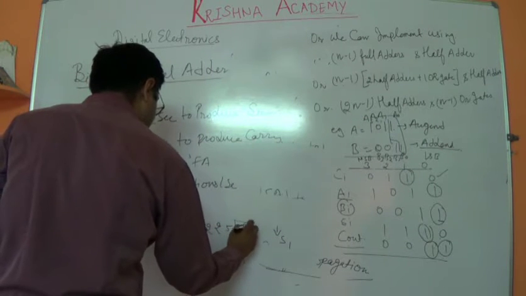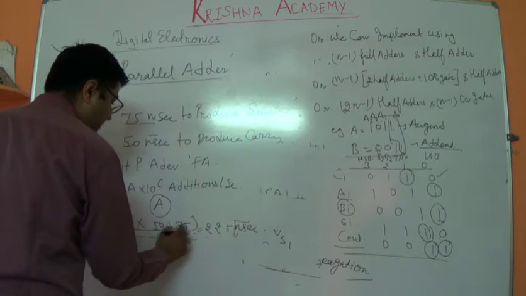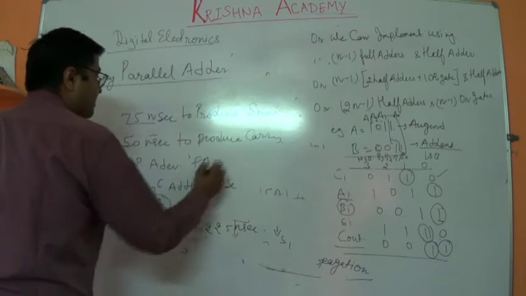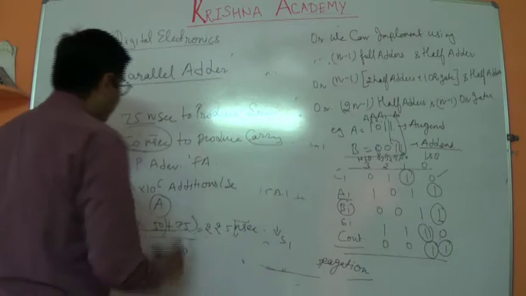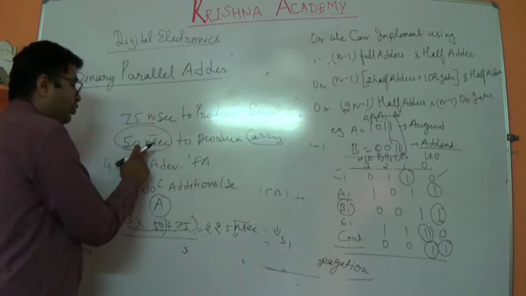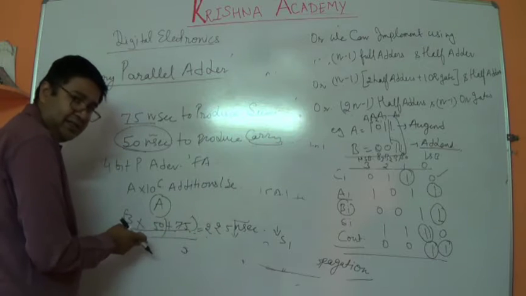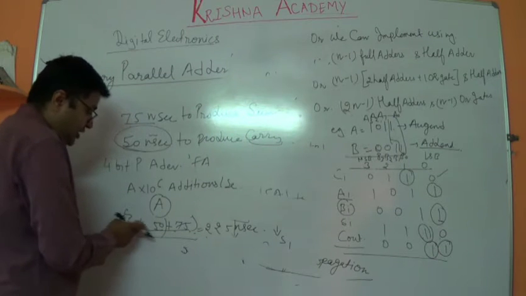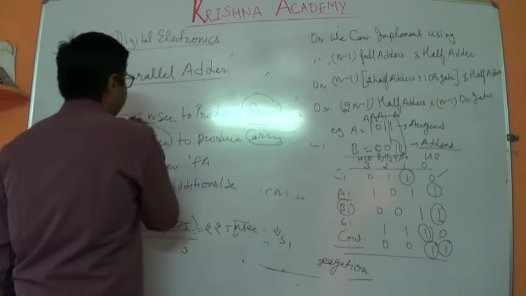225 nanoseconds. Sorry, I made a mistake. It is 3 into 50 plus 75, because 50 is the propagation delay to produce the carry. So 3 into 50, as 3 full adders are there, plus 75, that is to produce the sum.